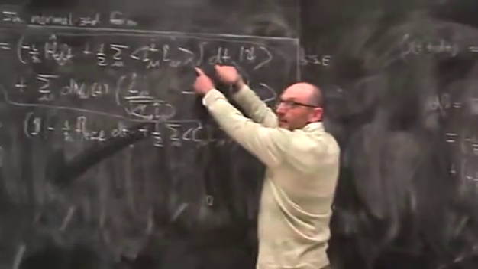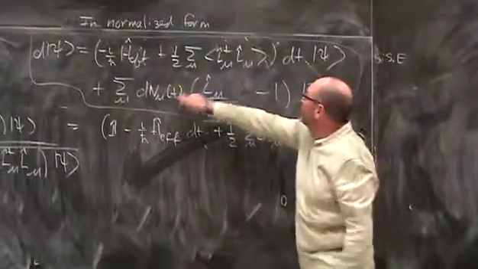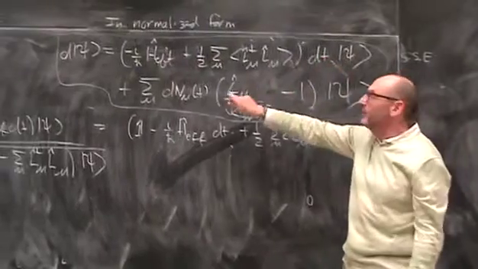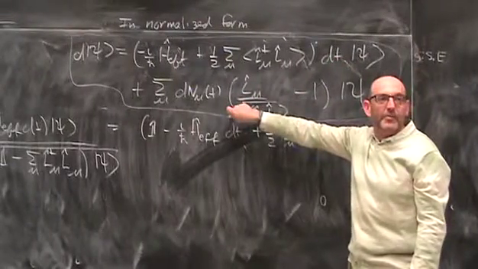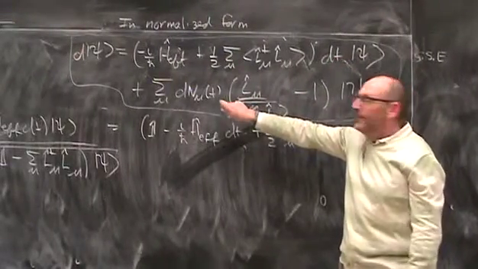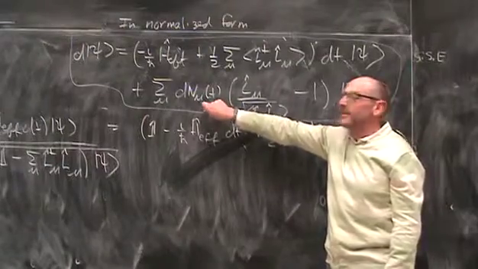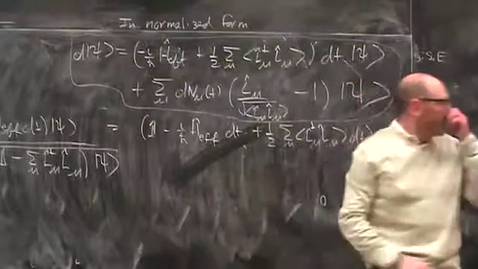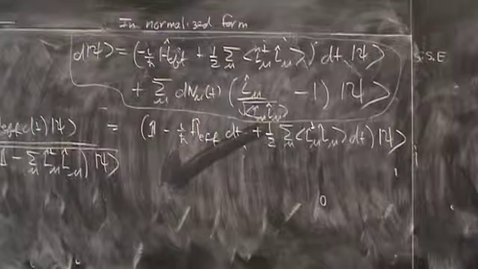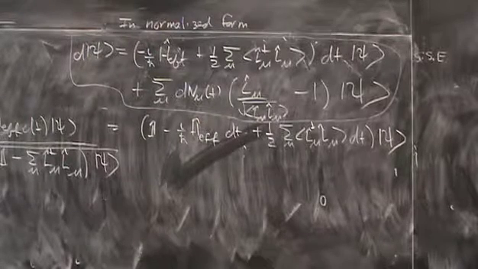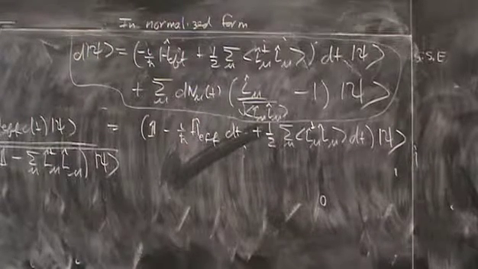The dt with itself is 0. This with dt is 0 because this will also be averaged to dt. So the only term that matters is this with itself squared. And it's only when mu equals nu, so I only have one sum where mu equals nu.